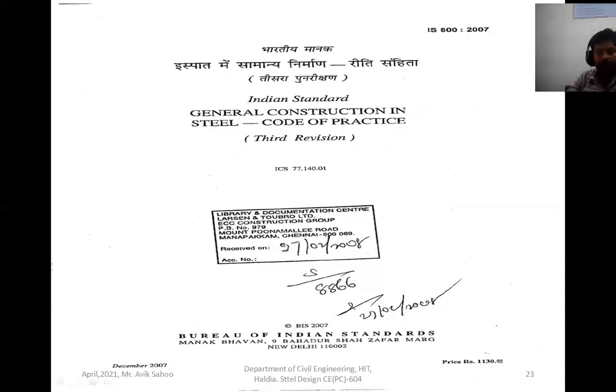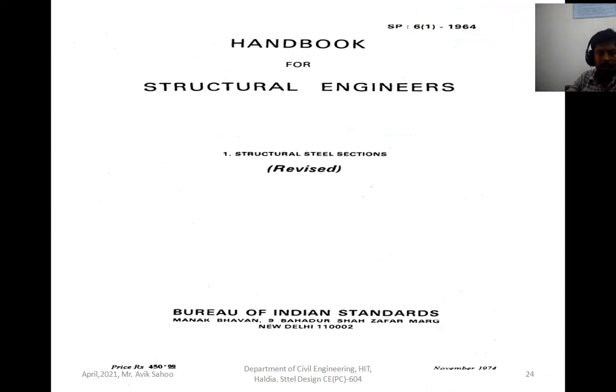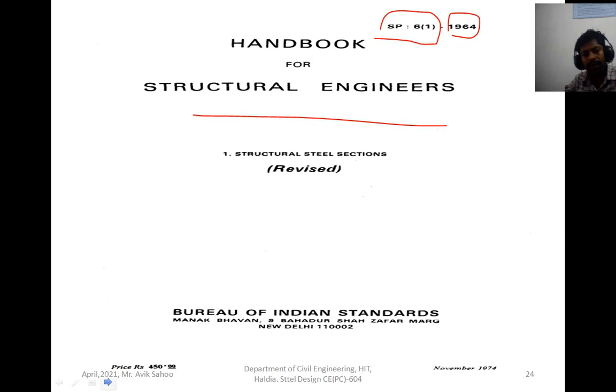This is IS 800 2007 General Construction in Steel Code of Practice, which is based on the limit state method. Another handbook for structural engineers, SP6 1964. This handbook is also required to design the steel structures.